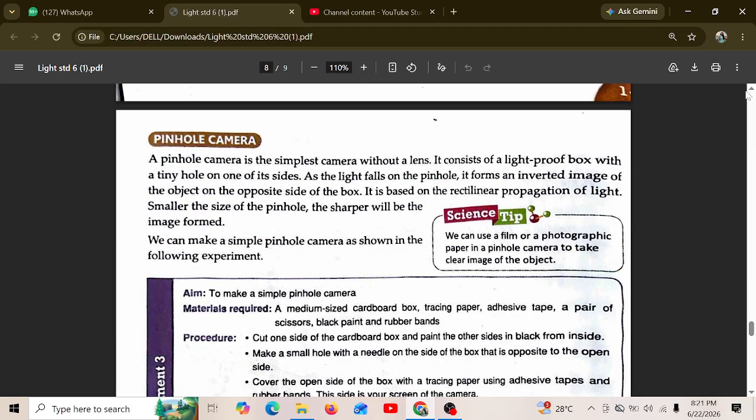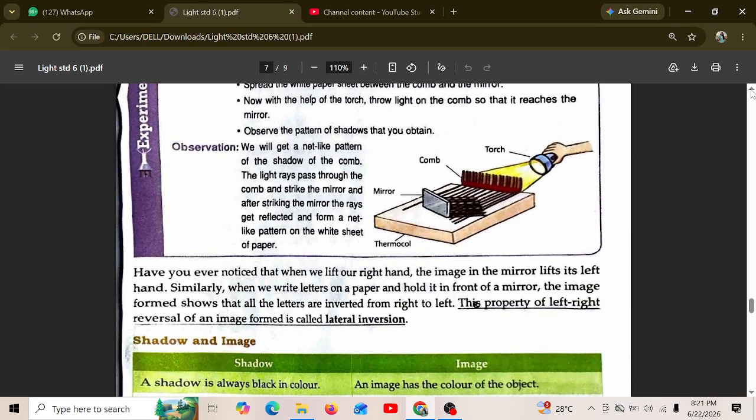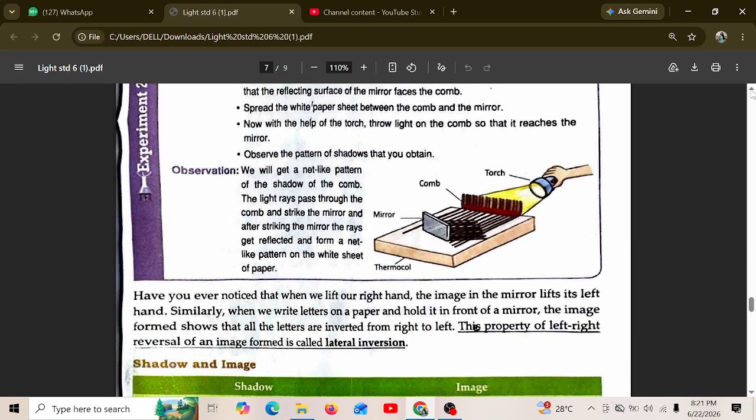One experiment or activity we can perform is this. We can keep a comb, put a mirror behind it, and put a torch in front of the comb so that we are able to see the shadow. We have to conduct this in a pitch dark room, children, not in a well lit room. When we put on the torch, we see the shadow the comb is casting.